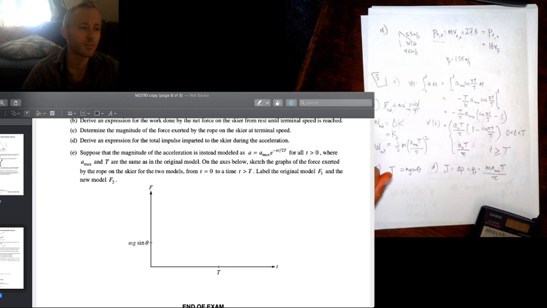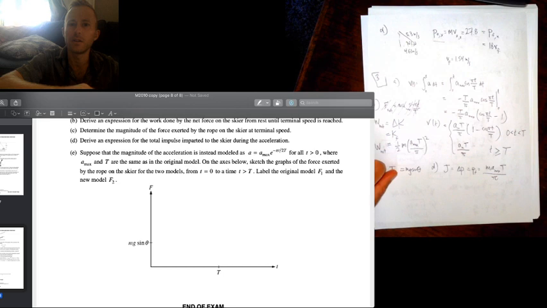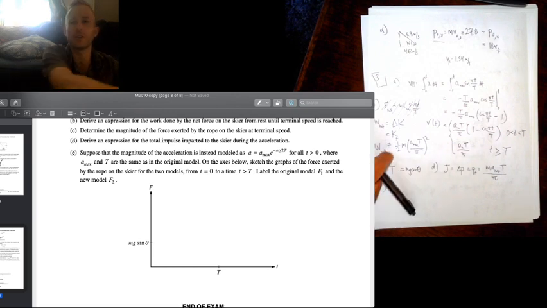On the axes below, sketch the graphs of the force exerted by the rope for the two models from t equals 0 to time t equals big T, to a time little t greater than big T. Label the original model F1 and the new model F2.